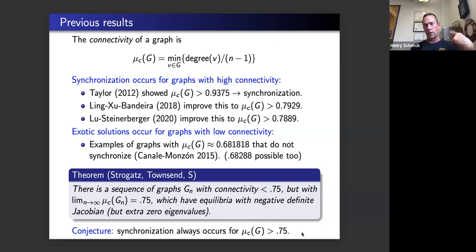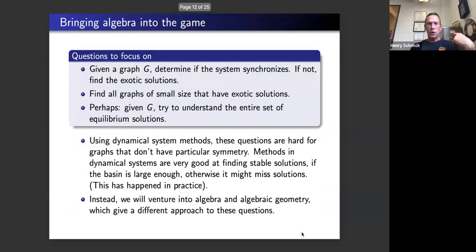And this is the thing that we're interested in studying. So before I reset and do the geometry and algebra, these are the questions. First, understand for a particular graph if the system synchronizes. If not, that means there are exotic solutions. And then we'd like to create, as we always do in computational math, a zoo of examples.